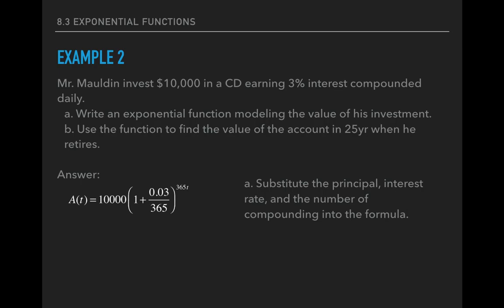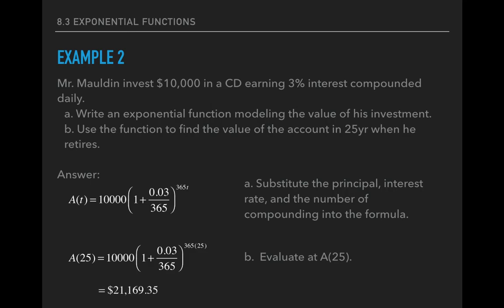So in part B, we're going to evaluate this at 25 because it is 25 years later. When you plug that all into your calculator, make sure that you first multiply 365 times 25. Otherwise, you could have a slight error when you type that in.